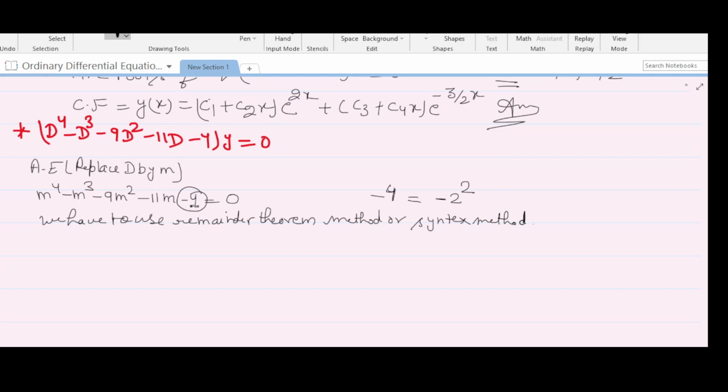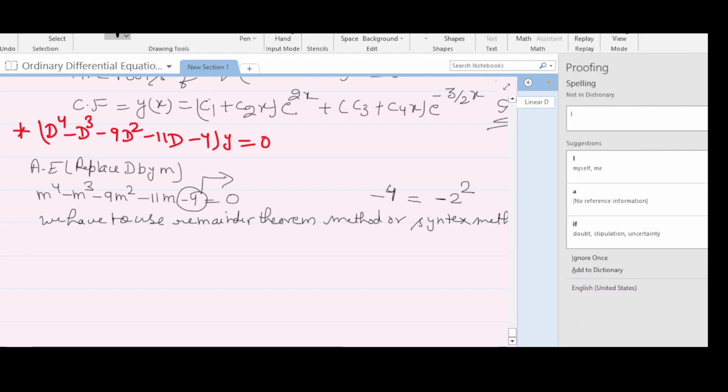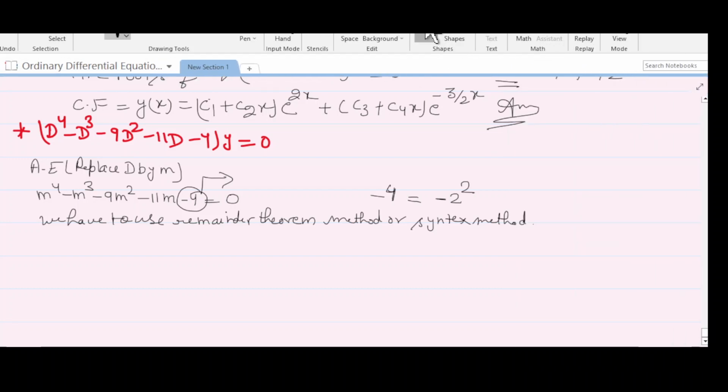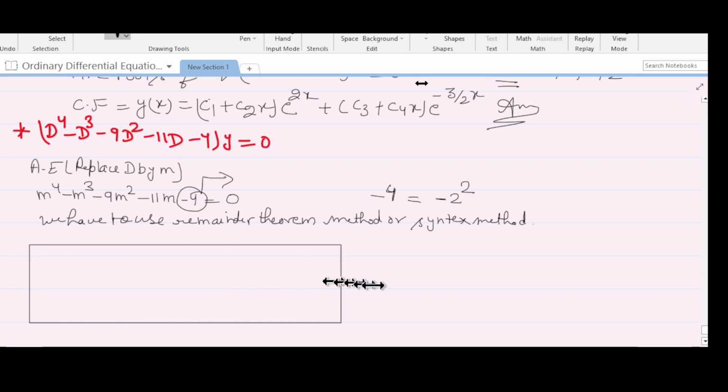So in order to solve this, I am making a box here. Let me draw it. Right, now the box is there.